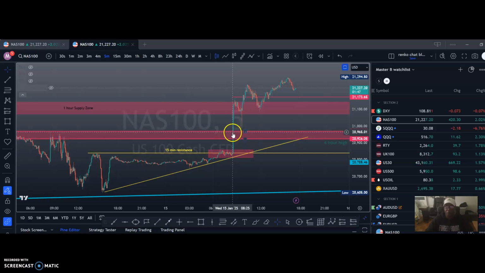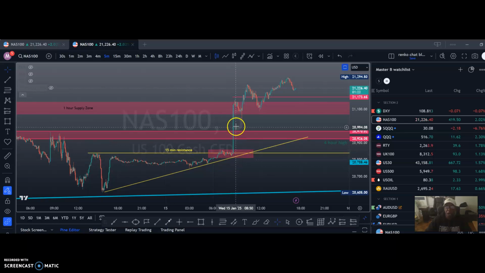Then she broke there with serious aggression, right? The 1-hour supply zone is already marked from your prep work. She broke structure, right? That ceiling got taken out. The next stop on the bus, potentially, because all of it is potential, probability, is this 1-hour supply zone.